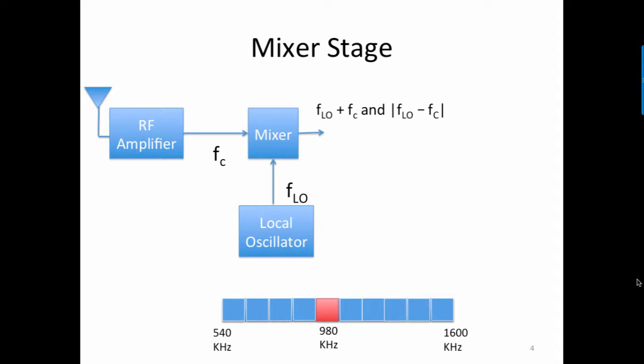Thus we know that the sum, FLO plus FC, and FLO minus FC will result. Based on whether FLO or FC is larger, we will have FLO minus FC or FC minus FLO as the difference frequency. This is indicated with the absolute value signs.